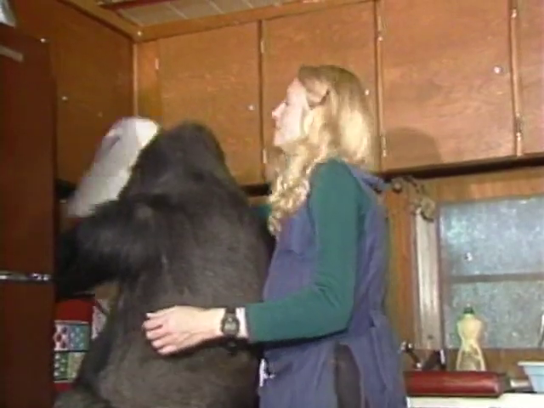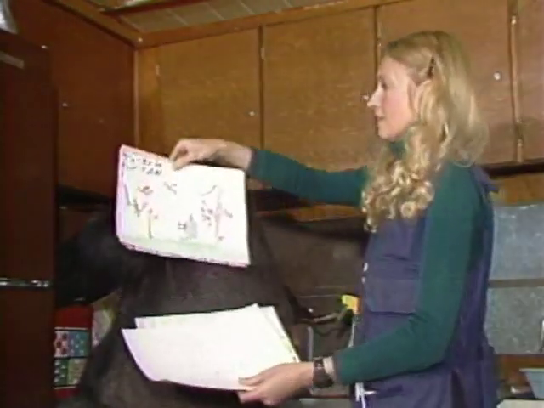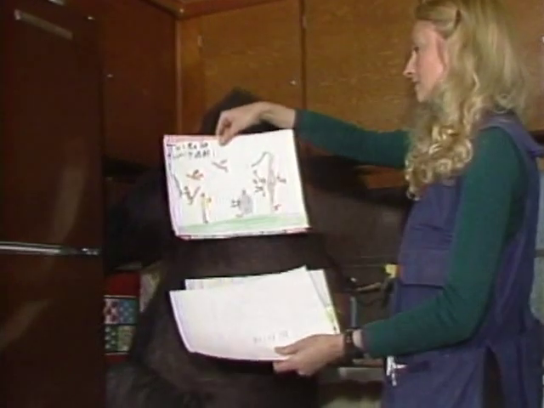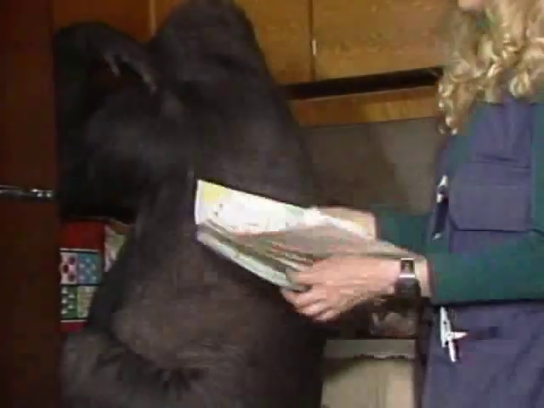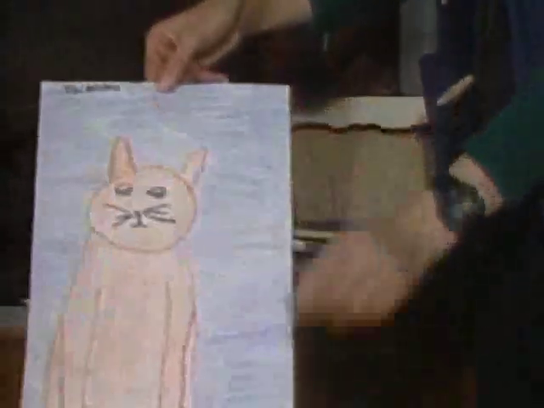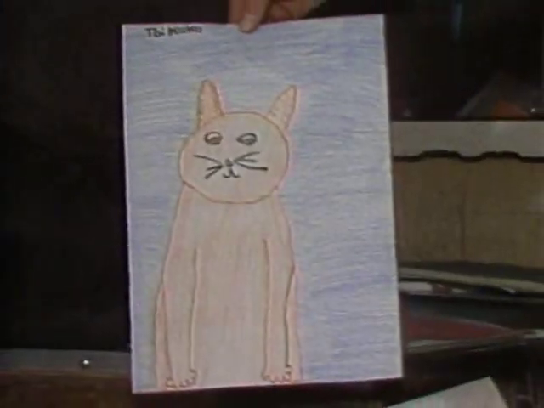Oh, these are some of the letters from the children. Let's see if we can find a picture. Oh, I thought we'd given these letters back. These are such nice letters. Koko, look! Do you want to hold them up and I can give them a place? That's good. Look at these nice letters.